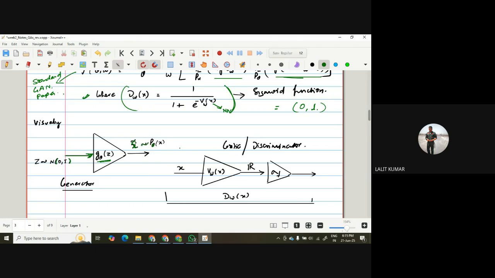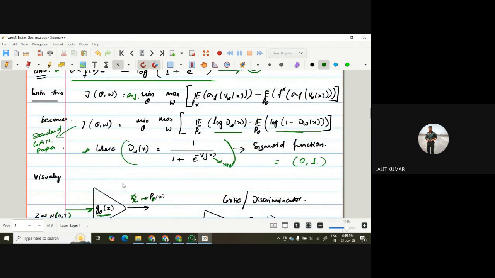So this is the generator. And in the discriminator, this is x. We are passing it through this neural network, and then through this activation function, and this total is D_w of x. Now, how to train this?